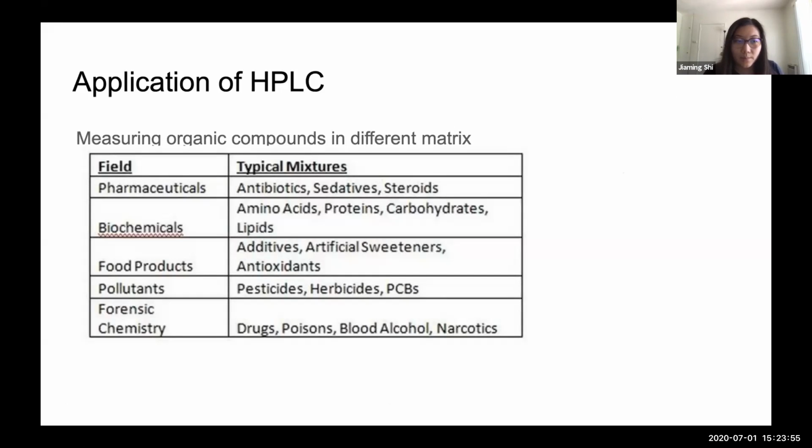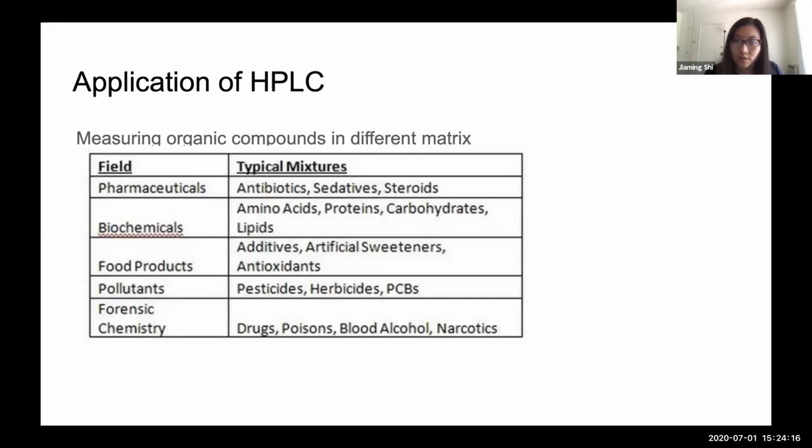And in the biochemical engineering world, they usually use it to measure big biomolecules like amino acids and proteins and carbohydrates and lipids. In food products, people use it to identify artificial sweeteners and antioxidants, stuff like that.